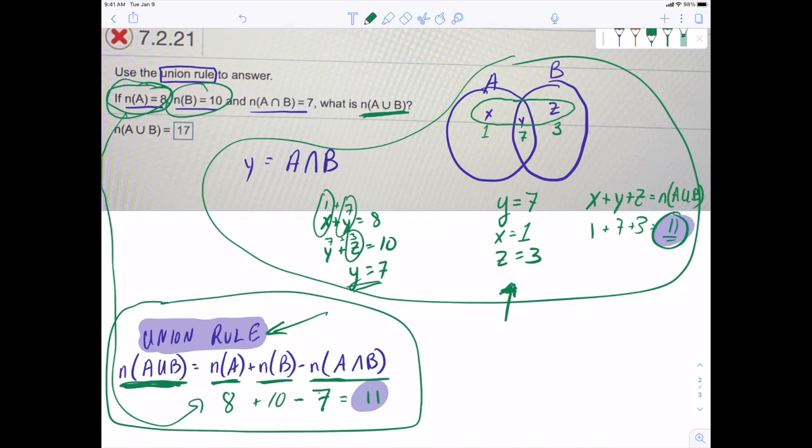Another way to think of the union rule is if you rewrite it and you add the intersection to both sides.